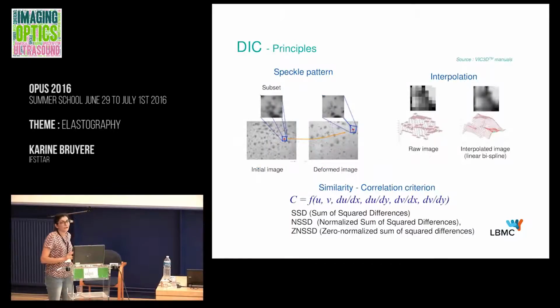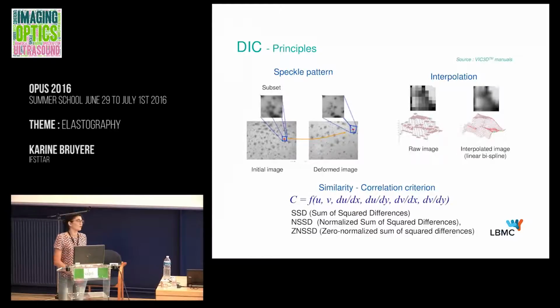I have two slides to recall some principles of the optical DIC, but I will be very short because I'm not a theoretical specialist of the technique. I'm a user. But the idea is to have on the surface of our tissues a speckled pattern. And we use a software, which is VIC-3D, from Correlated Solutions, to perform image correlation.